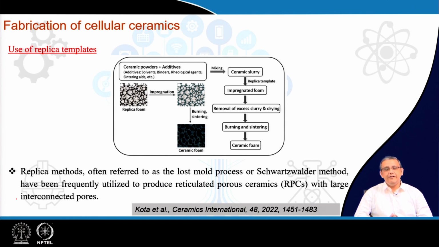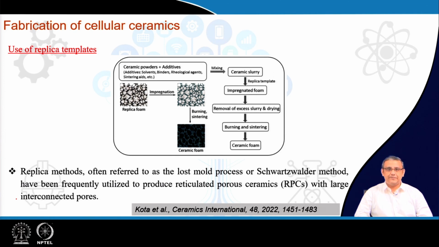The word replica foam or replica method comes from the fact that we initially need a replica. This replica can even be a packing material, like a packing foam, which can be used to fabricate these porous ceramic bodies. The final dimensions of the pores, the pore morphology and the pore size depend upon the morphology of the initial foam replica that is chosen, and its dimensions.